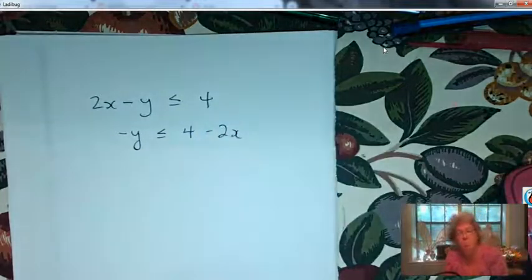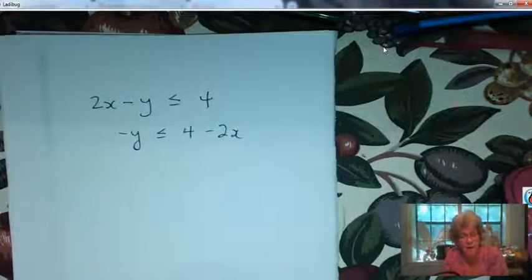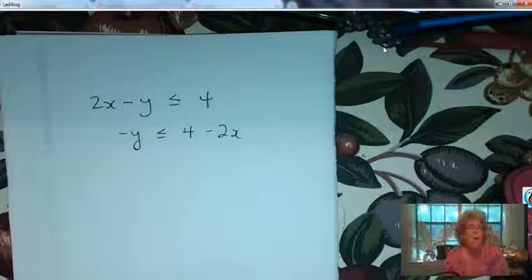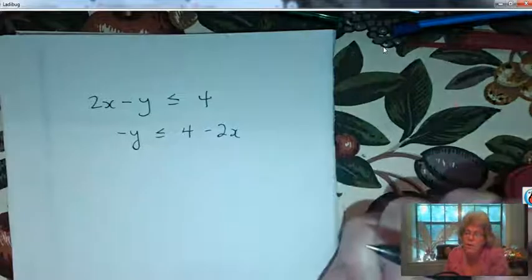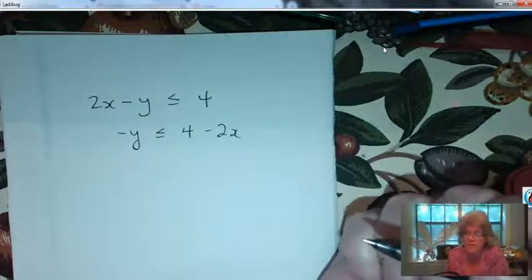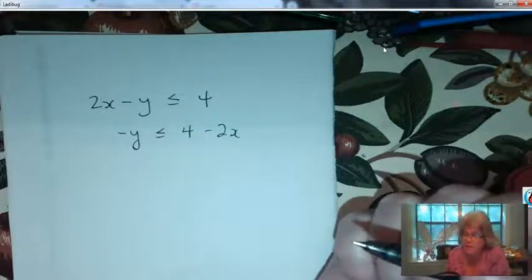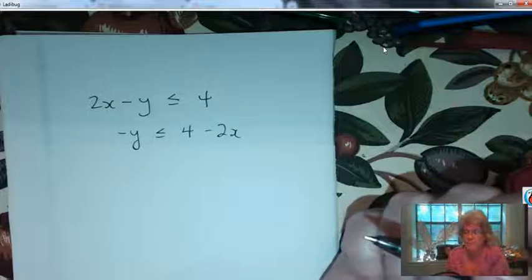I do not have y by itself. I have negative y. So how do I get y by itself? I negate both sides. So change the sign of every term, or divide every term by -1, or multiply every term by -1, negate. It all means the same thing. What happens when you multiply or divide everything by the same negative number?